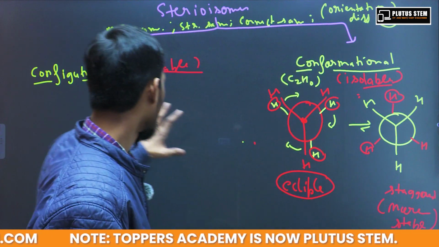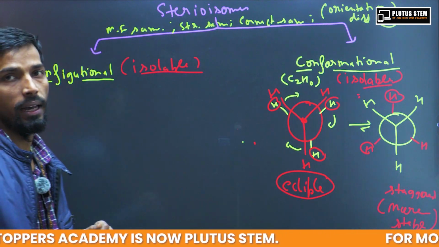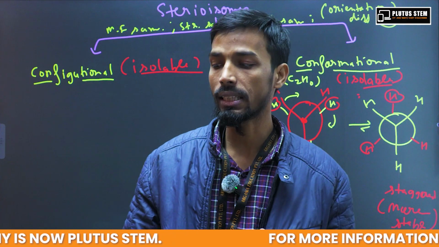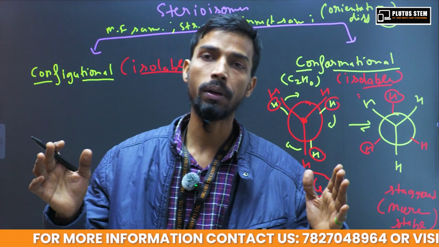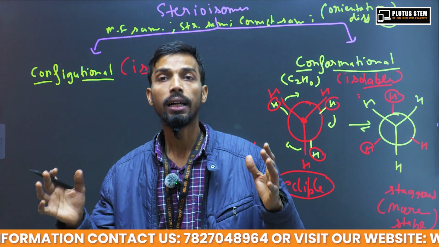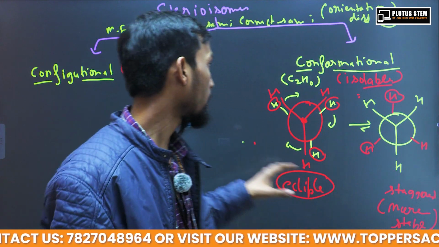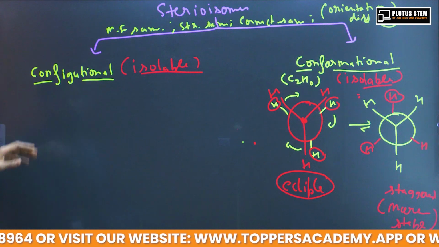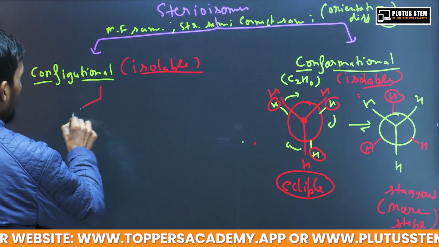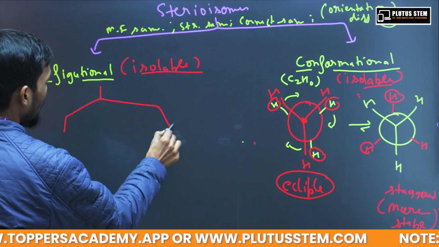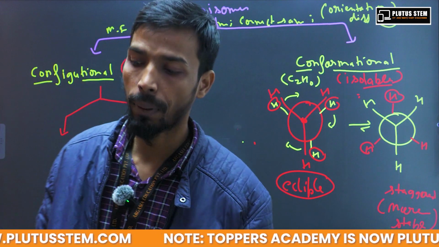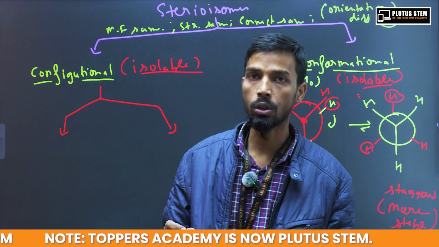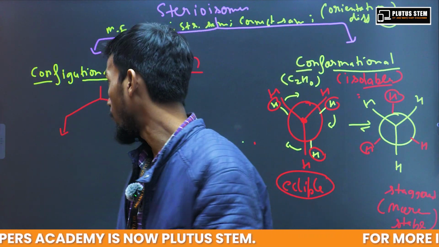And the second one is configurational isomerism. This type of isomer is shown due to a different 3D orientation, and these isomers can be isolated. These are two different separate compounds. So what is the basic principle over here?